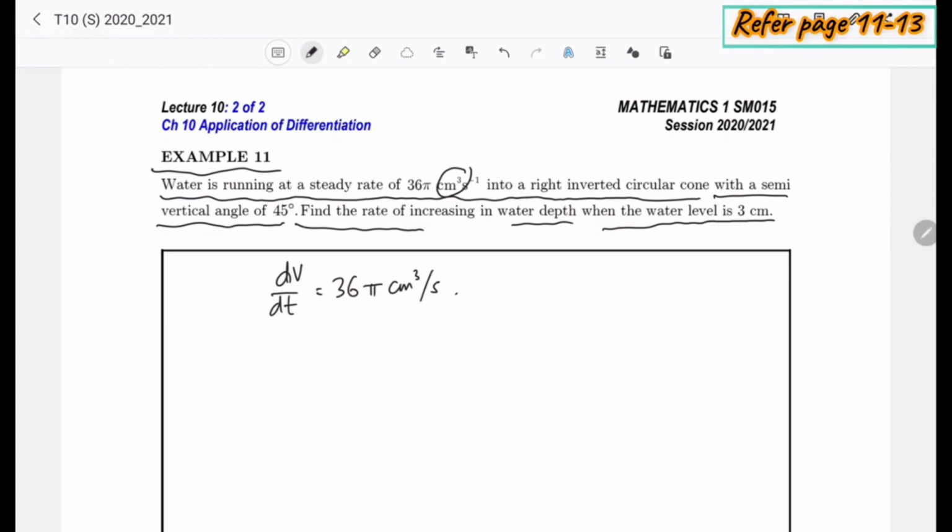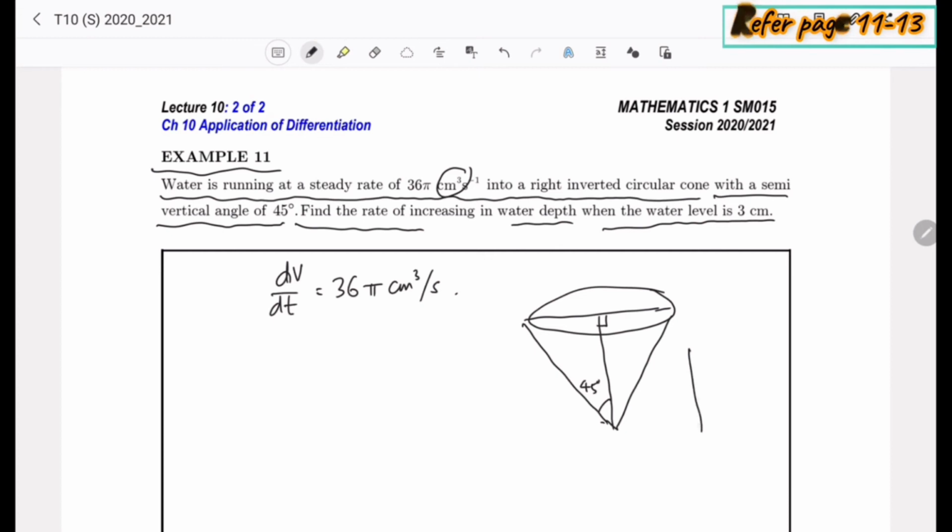So we have a semi-vertical angle of a right inverted circular cone. So let's try to sketch. So this is your cone. So this is your 45. So let's take out the triangle. So this is 45. Let the height be h.